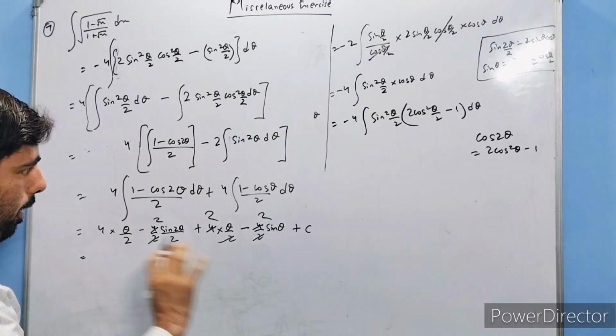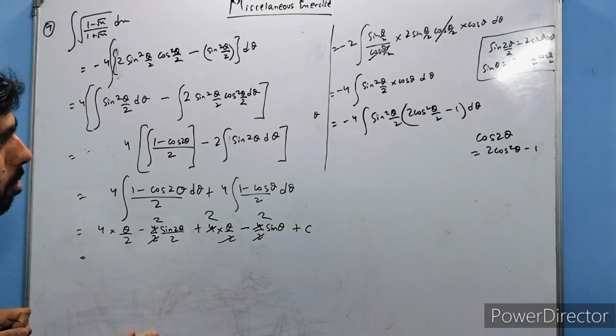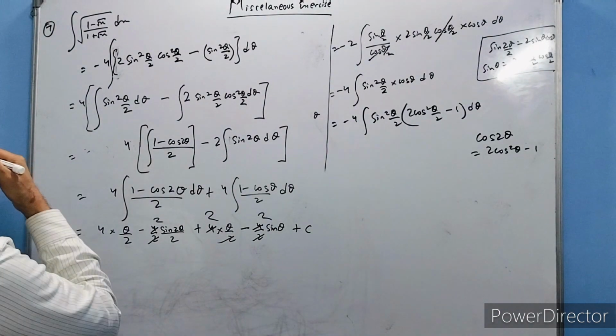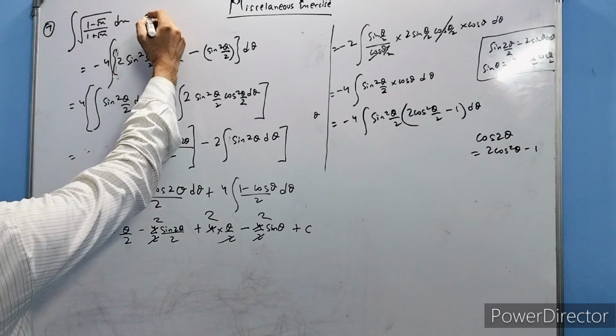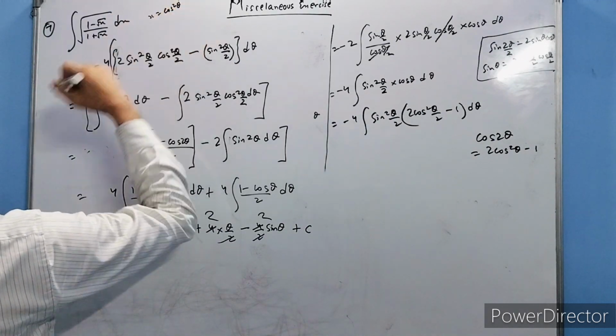Now here we can put the value of theta. What we have taken here is x is equal to cos square theta.